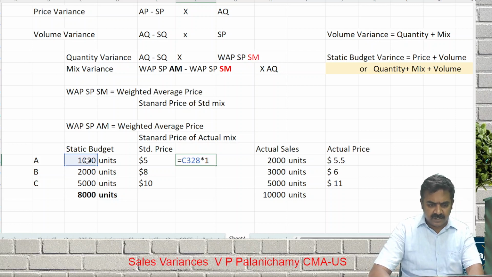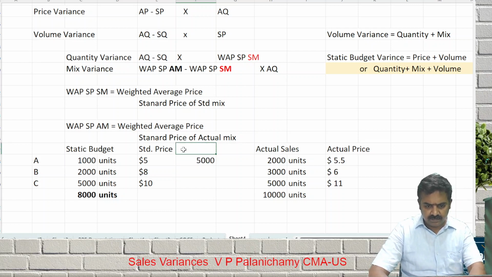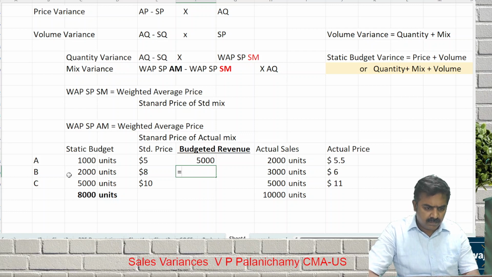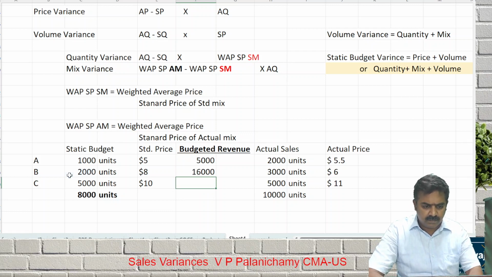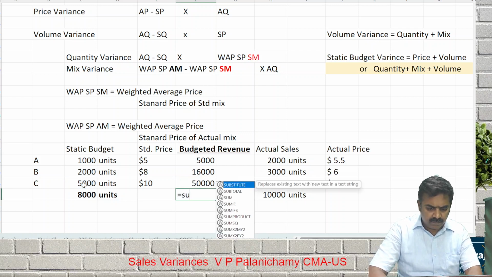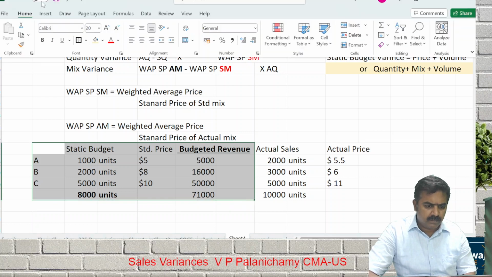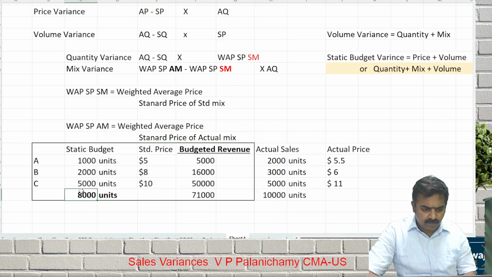So multiply, this will give us the budget. For 8,000 units, we planned like this.